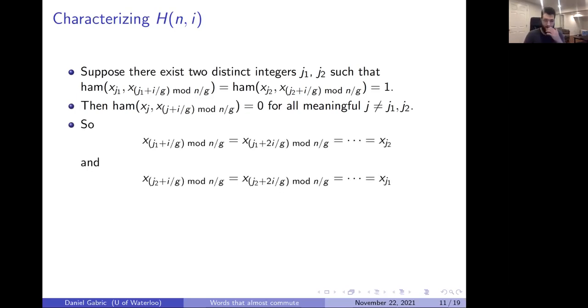So we have this chain of equality between x_{j1 + i/g mod n/g} all the way to x_{j2}, and the same thing is true for x_{j2 + i/g mod n/g}. And therefore we have that the Hamming distance between x_{j1} and x_{j2} is equal to 1. And the other direction is easy to prove, so I won't go through that.